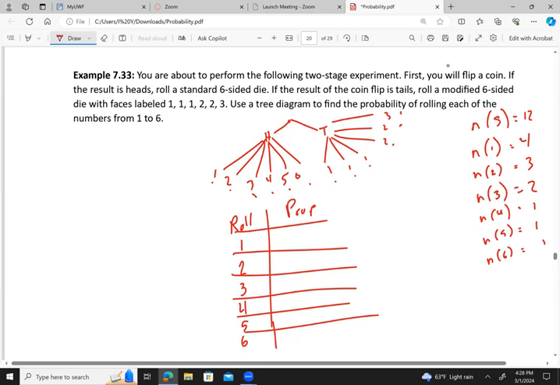So 4 of them could be 1, so that would be 4 over 12, or 1/3. 3 of them could be 2, so that would be 3 out of 12, or 1/4. 2 of them could be 3, so that'd be 2 out of 12, or 1/6. And then the rest of these would be 1 over 12. And that finishes up section 7-9.